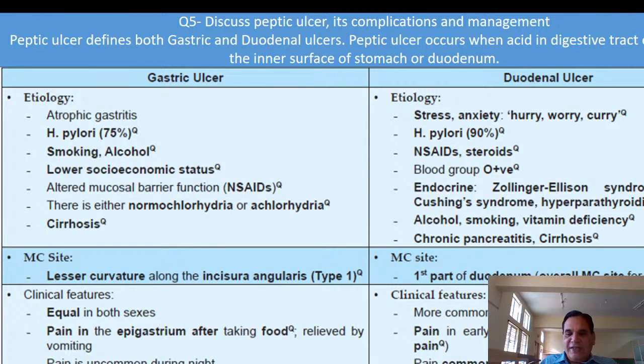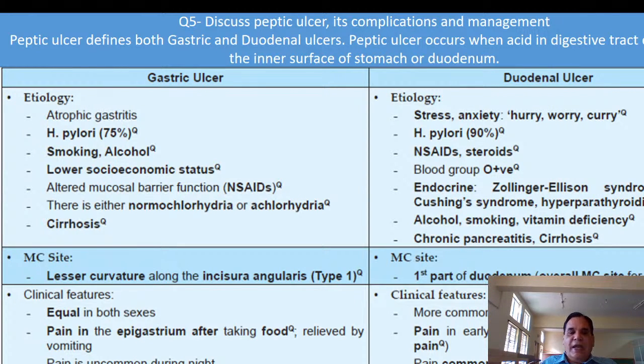So the only answer is to control the acid. And how are you going to do it? Either PPI or anti-H. pylori treatment. This is in short regarding peptic ulcer, the etiology and management. But for detail, you must know the differences between gastric and duodenal ulcer. There are some differences. Find out.